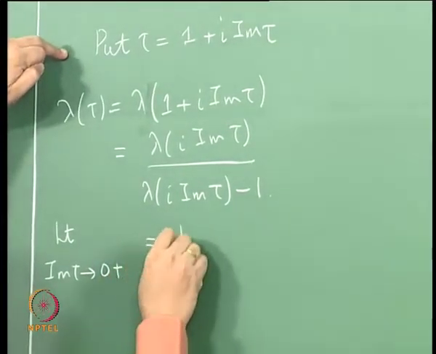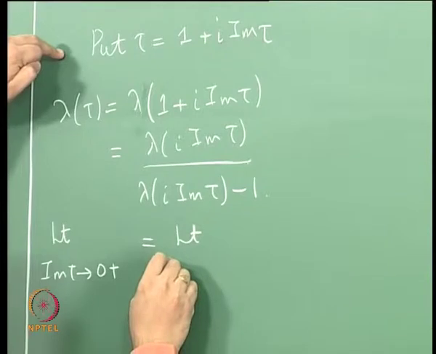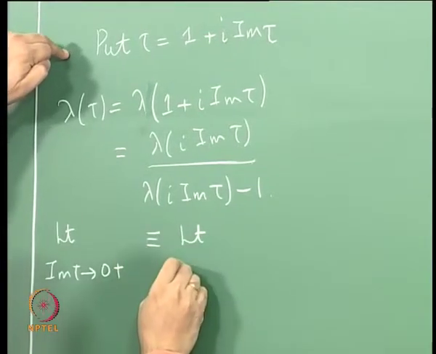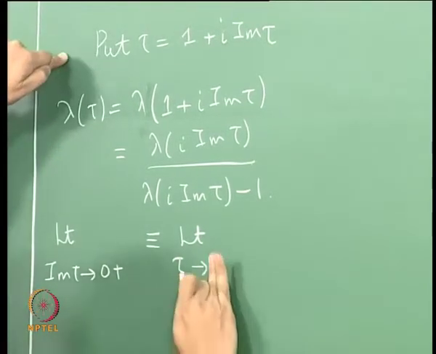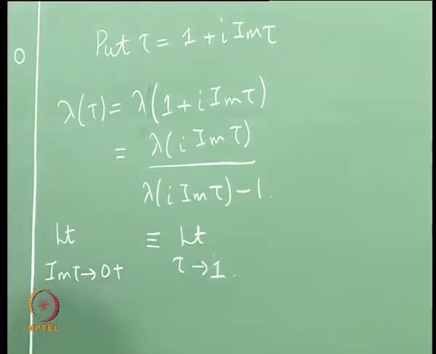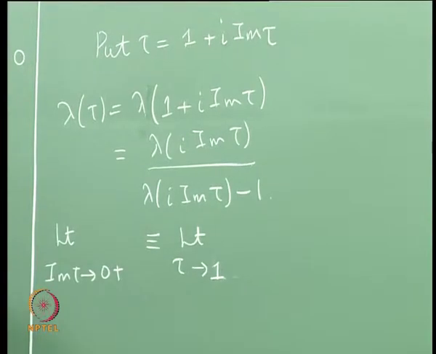this limit is the same as taking the limit as tau tends to 1. Okay, these two are one and the same, and of course tau is approaching 1 from above, from the upper half plane.